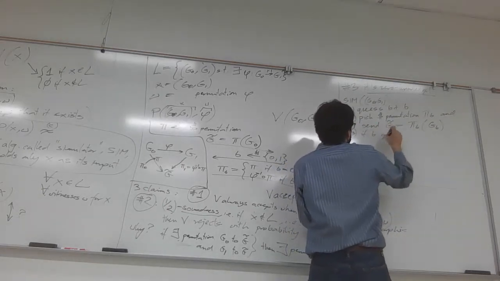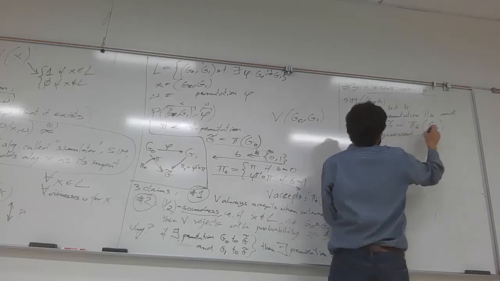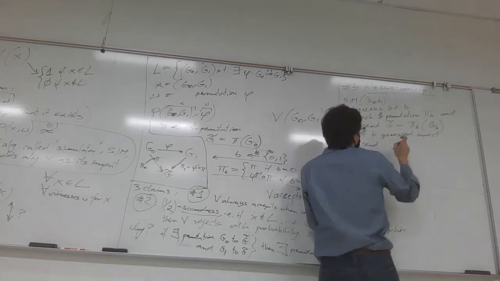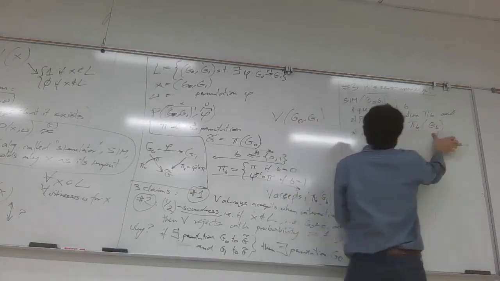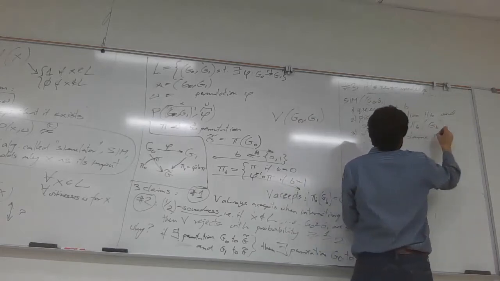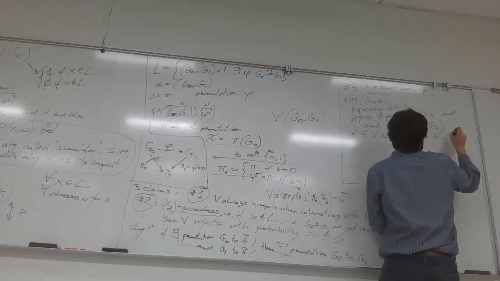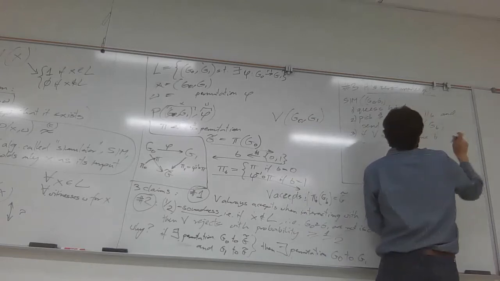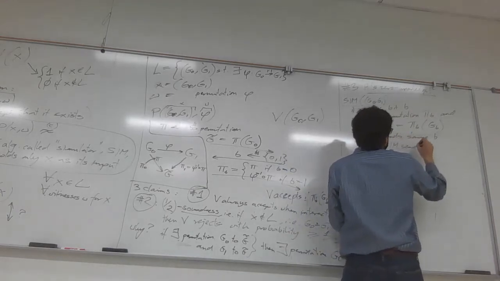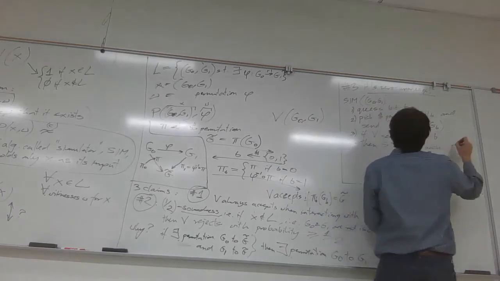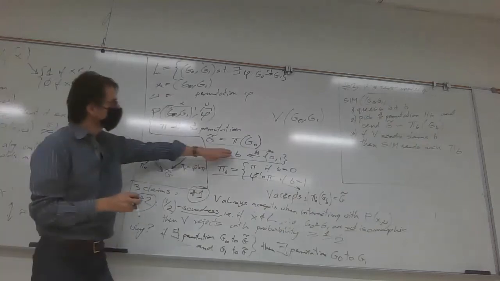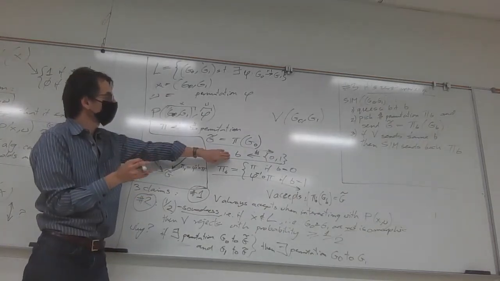If B is correct, so if Z sends the same B, you got the same B, then it sends back this permutation pi B. So the simple point is that if I guess B correctly, I have no witness.